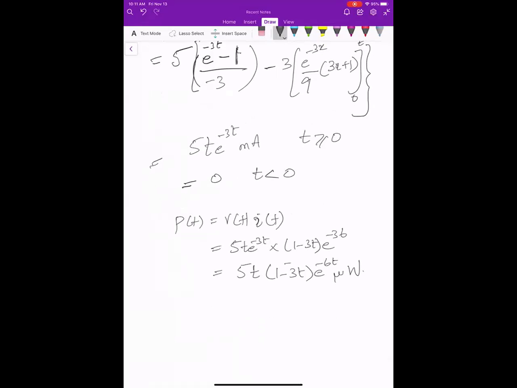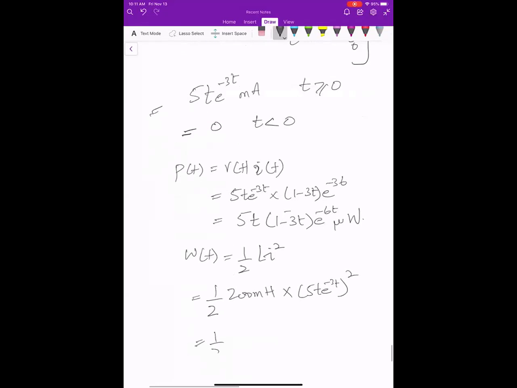And similarly, your energy absorbed will be 1/2 L i squared, which will be 1/2. L is 200 millihenry, into i squared, (5t e^(-3t)) squared, which will be 1/2 into 200 millihenry into 25t squared e^(-60).